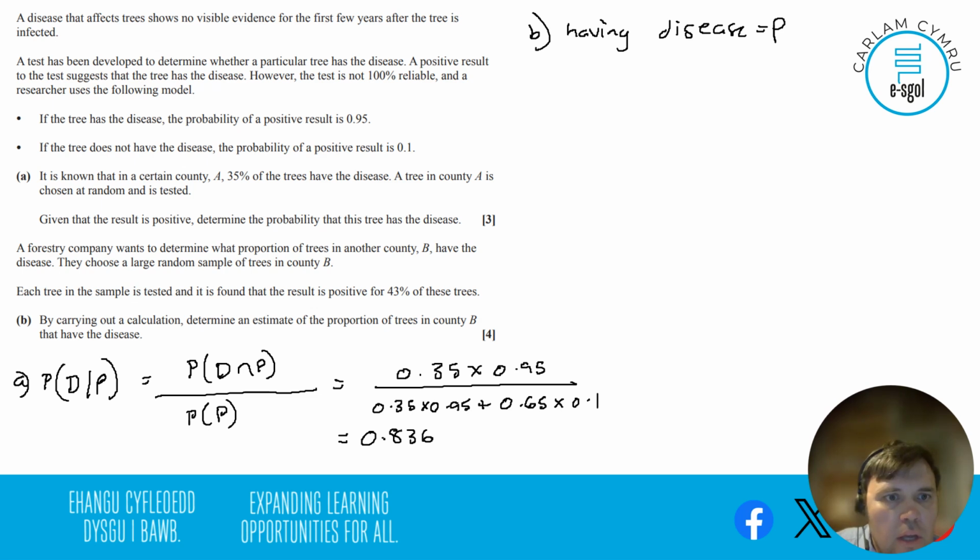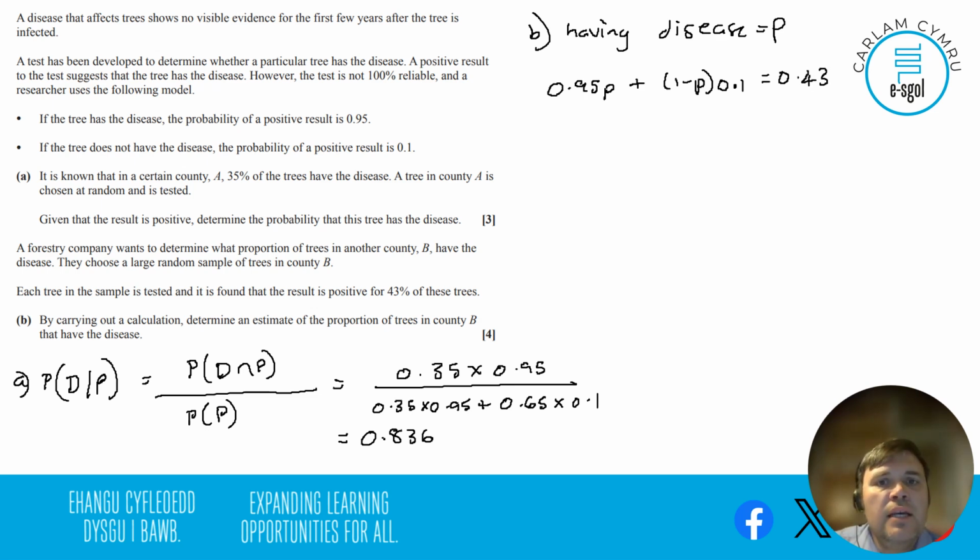So it says each tree is tested and it's found the result is positive for 43%. Well, if you're positive 43%, you're going to have 0.95p plus (1 minus p) times 0.1, and that is equal to 0.43.